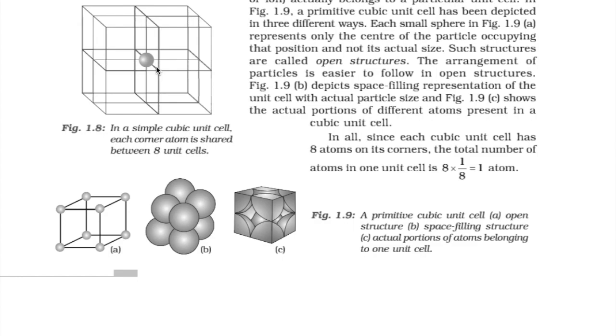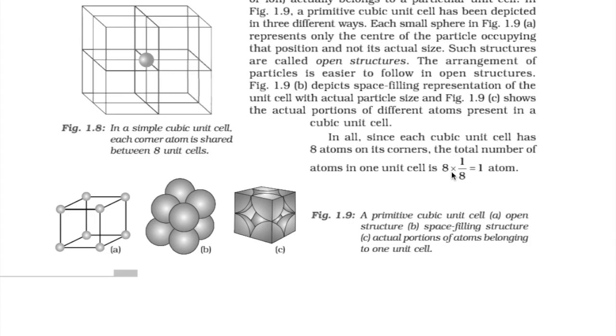Therefore, we can conclude that in a particular unit cell only 1/8 part of the particle present at the corner will be there. So, we can say that there are a total of 8 particles present at the corners.